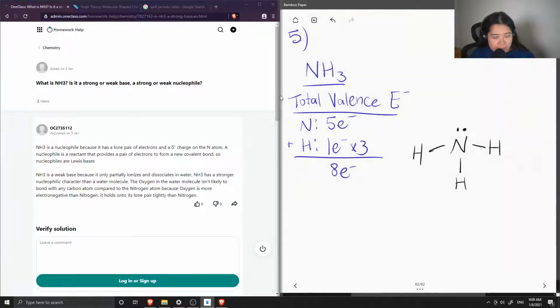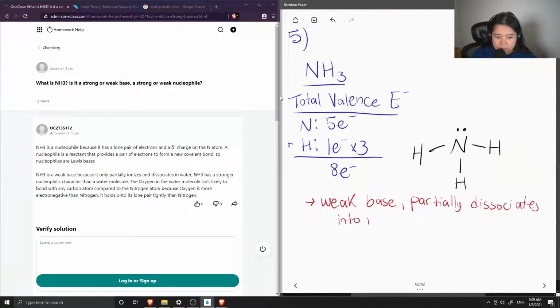So now back to the initial question, is it a strong or weak base, a strong or weak nucleophile? So in the case of NH3, NH3 is actually a weak base. So this means it only partially dissociates into its ions in solution. Is it a strong or weak nucleophile?